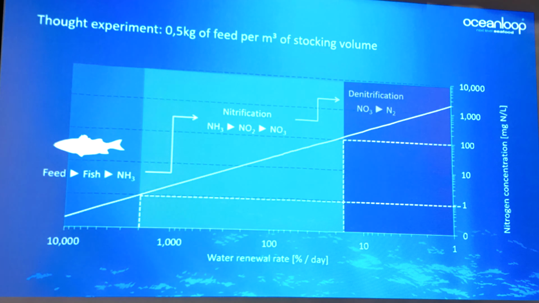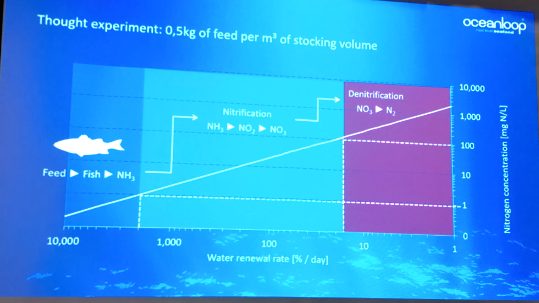So very often I hear systems claim they are closed RAS. That means below 10% a day. They don't have a denitrification, and I wonder how this can be. Yeah, it's denitrifying elsewhere, and that's a common answer. And of course, it's happening, but it should not happen like that, because this means there are uncontrolled areas in your system.